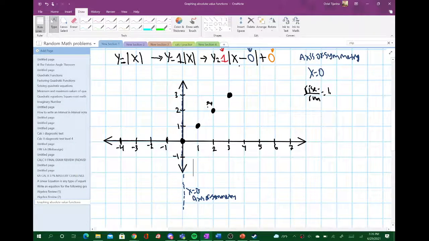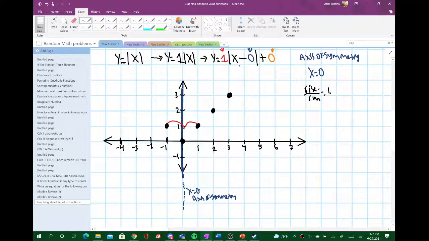In this example, reflecting across the y-axis means that if I have this point right here, I'm gonna go 1 unit left and then another unit left to reflect across this line here, because this is my axis of symmetry. So I'm gonna reflect it and I'm gonna end up right here.